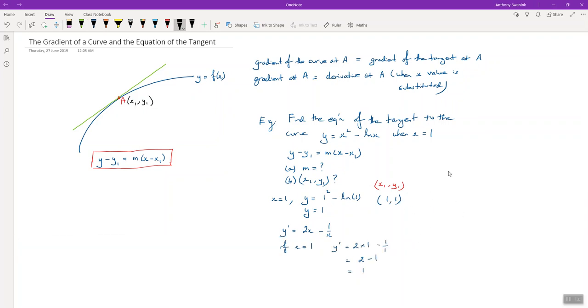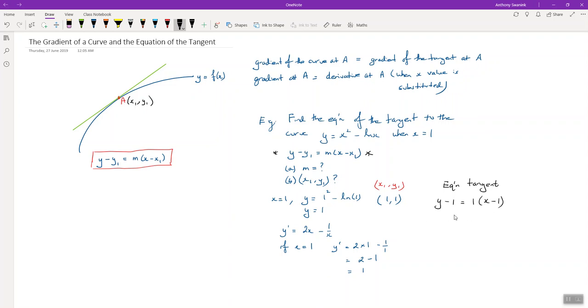Okay, so the equation of the tangent: y minus, substituting into this thing here, y minus 1, remember that's this x1, y1 we're substituting in, and the gradient also happens to be 1 in this case, so x minus 1.